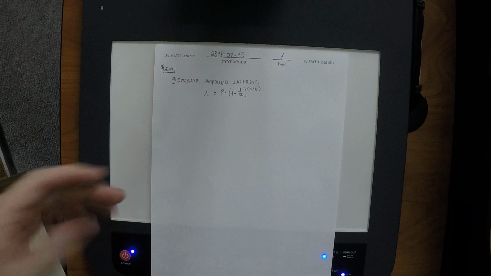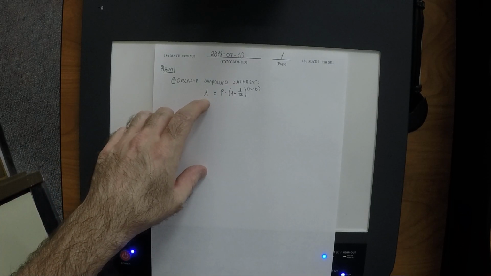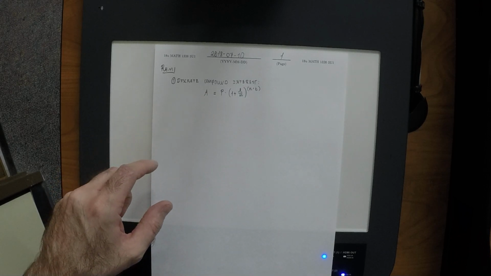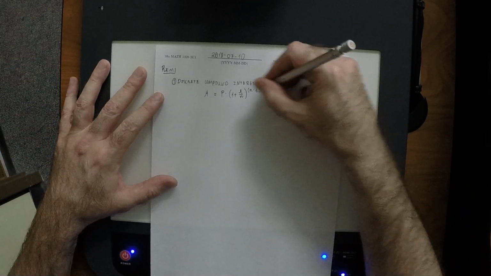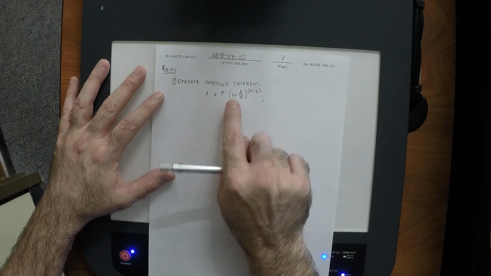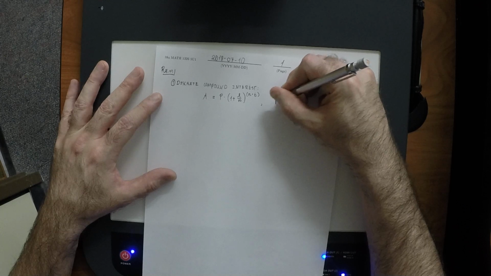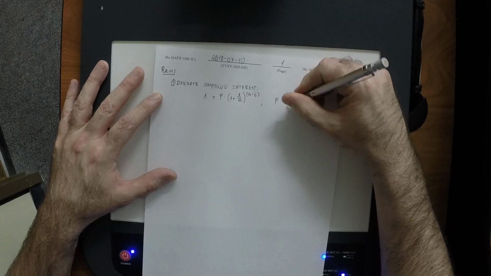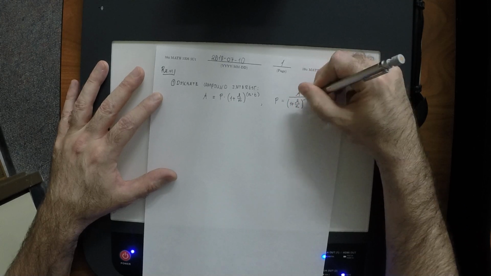Often you want A to be solved for, but sometimes you want P to be solved for. So instead of solving for A, we could solve for P, and we could do that by dividing both sides by that thing there, so that you'd have P is equal to A divided by (1 + r/n) to the exponent nt.